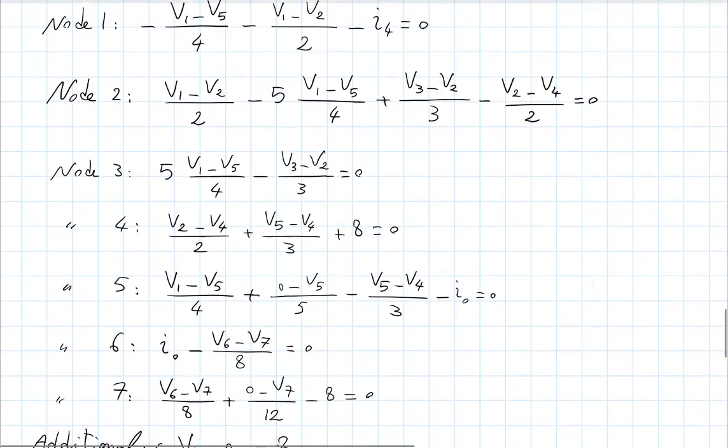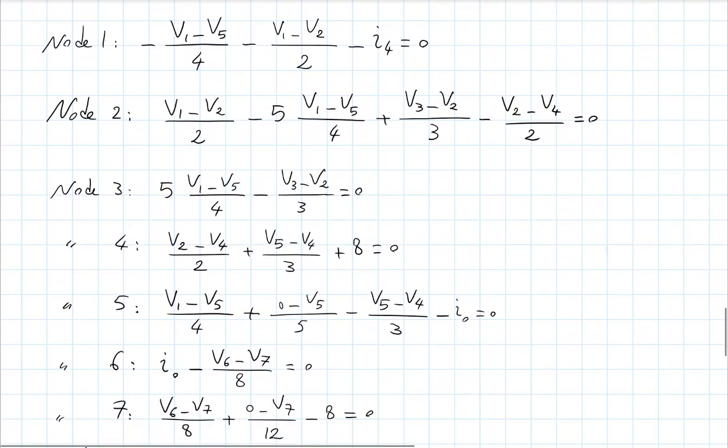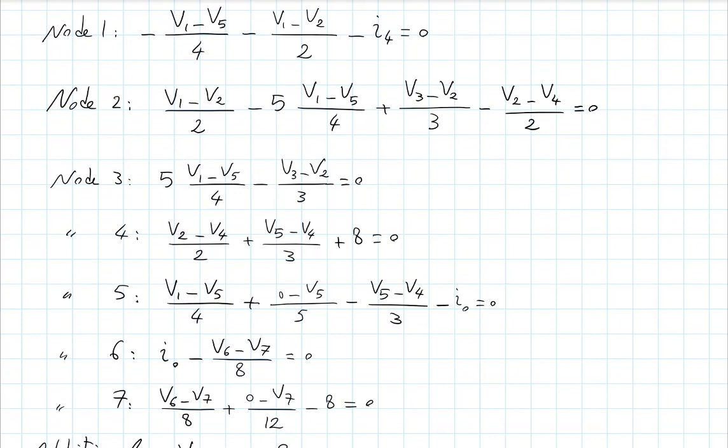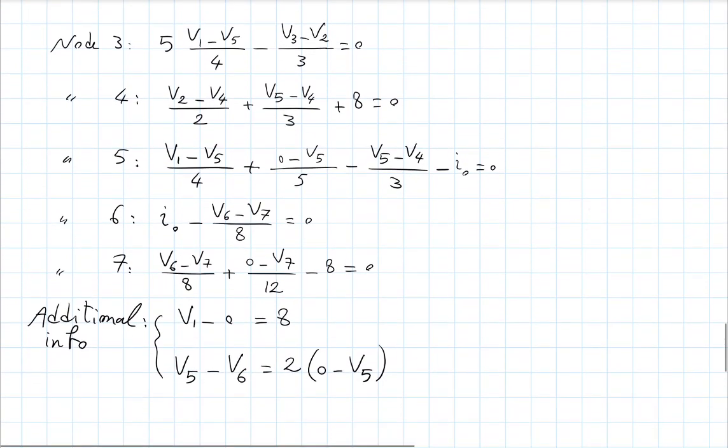There you go. These are the 9 equations. They don't even fit in one screen, but the 7 KCLs plus the additional 2 pieces of information. And actually, one of them is very good because it immediately gives me one of the values. Okay? So there you have your nodal equations.